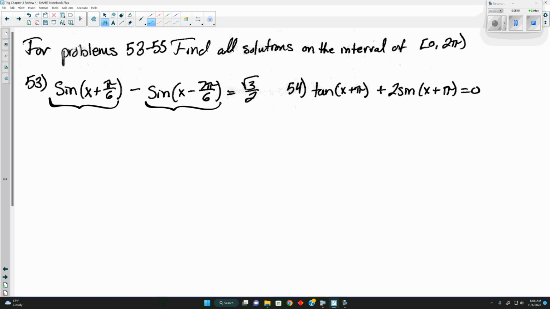One is we can apply our angle sum and difference of angles formulas, or we can use our product to sum or sum to product formulas. Either one will work just fine.